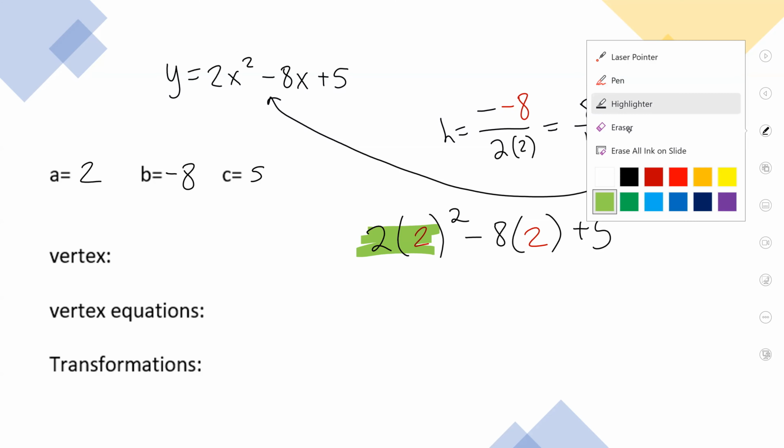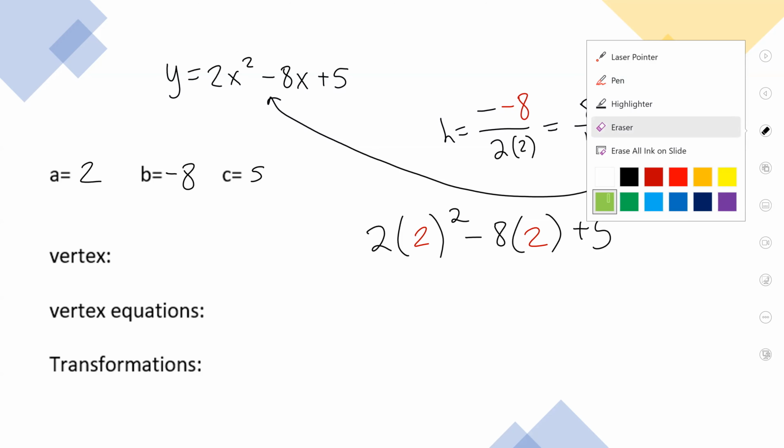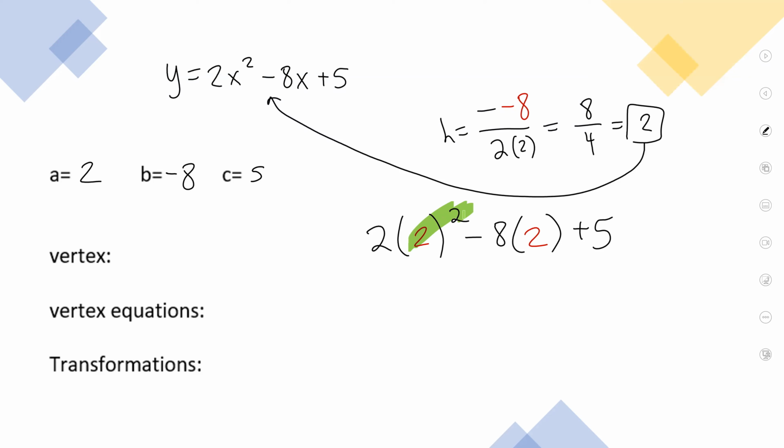What you're supposed to do is the exponent first. You need to do 2 squared, which is 4. And then you multiply it by 2 and get 8. So this would be 8 minus 16 plus 5. Okay? So I'm just going to stop there. I'm going to let you guys practice, and I'll be walking around if you need help.